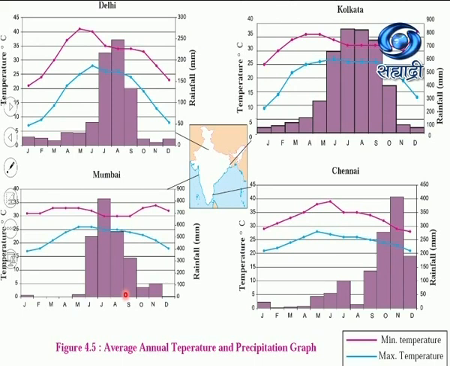Temperatures are also not very different. The difference between the maximum and the minimum temperatures is also minimal because it is located very near the oceans. So this is how we have seen the average annual temperature and precipitation of the 4 metropolitan cities.